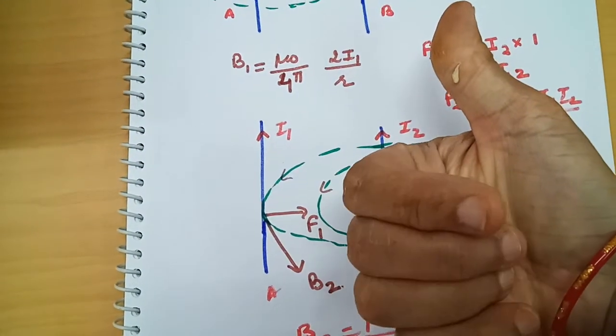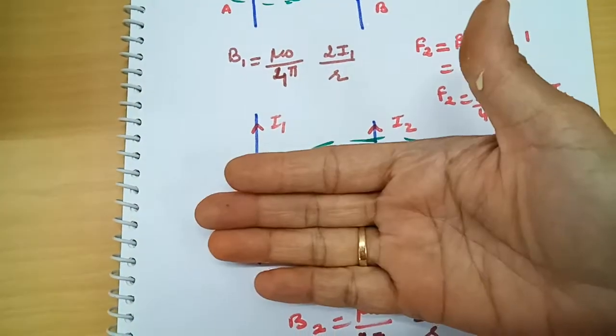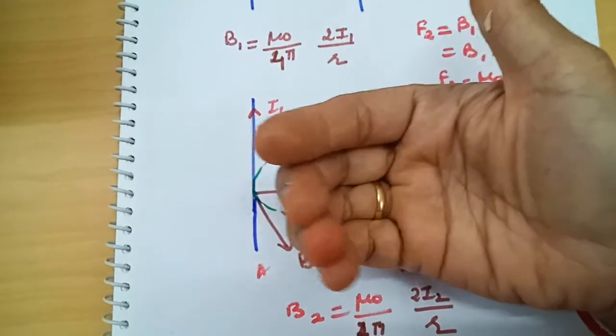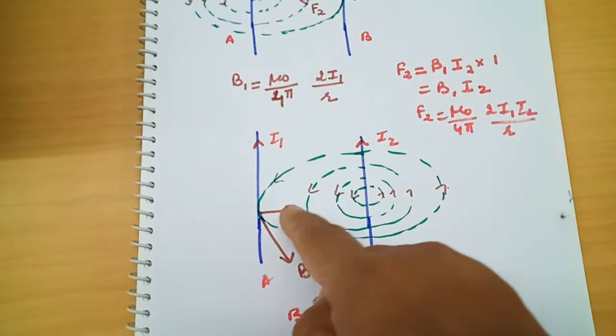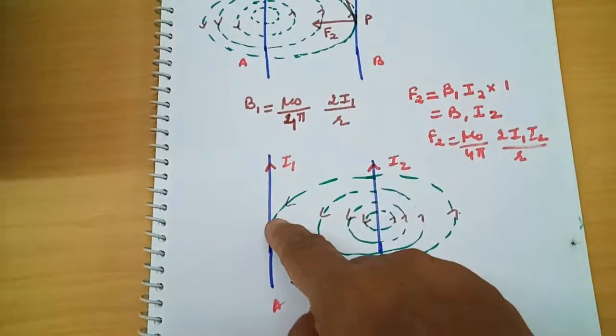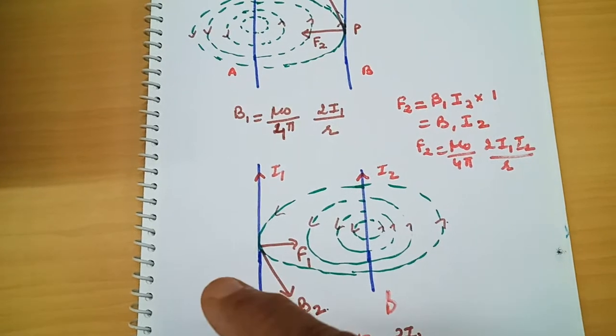This is the direction of the magnetic field lines, anti-clockwise, but at this point, when you draw the tangent, it will come up, means the magnetic field will be in the upward direction, just opposite to this. Here into the plane of paper and here outward direction, means perpendicular and outward.